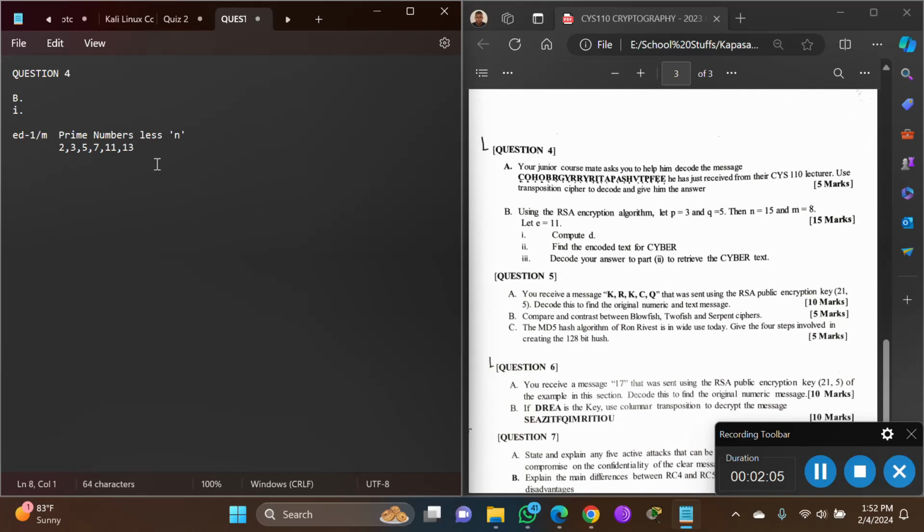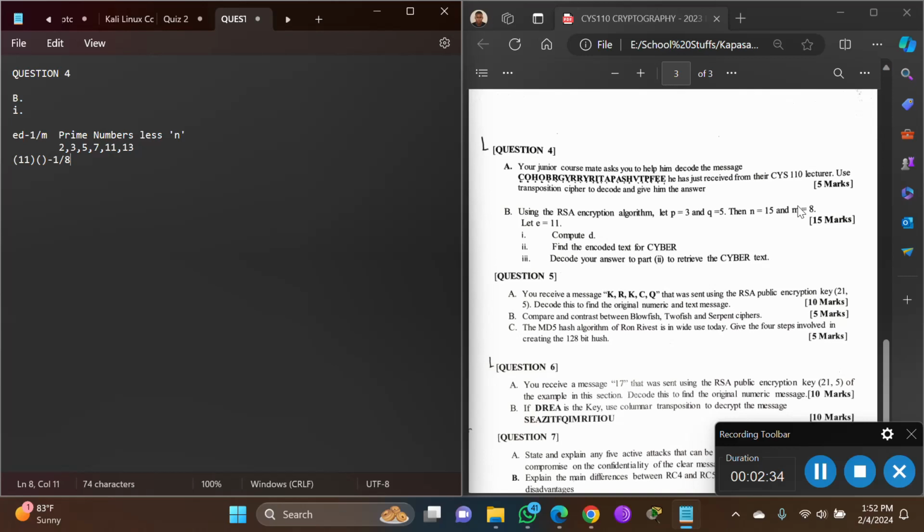Now, we need to understand that our E, based on the question, is 11. So we'll say 11 where there is supposed to be E, then times D. In this case we don't know D, so it will be blank. Then minus 1, we divide by M, which we are given as 8.